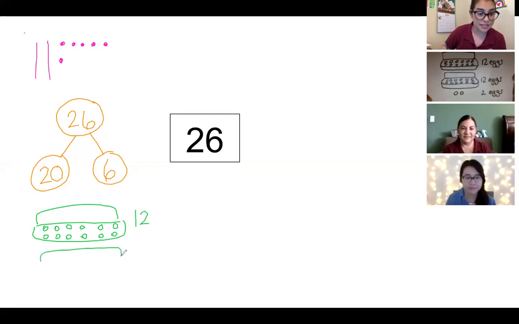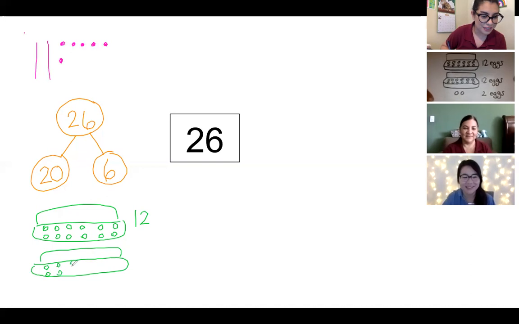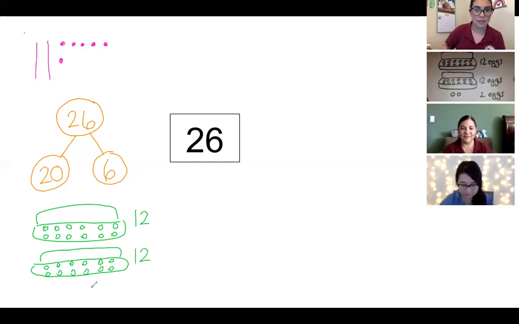And then our second carton of eggs looks like a hot dog. 1, 2, 3, 4, 5, 6, 7, 8, 9, 10, 11, 12. Then next eggs, a dozen eggs, and then we have 2 little eggs left over.